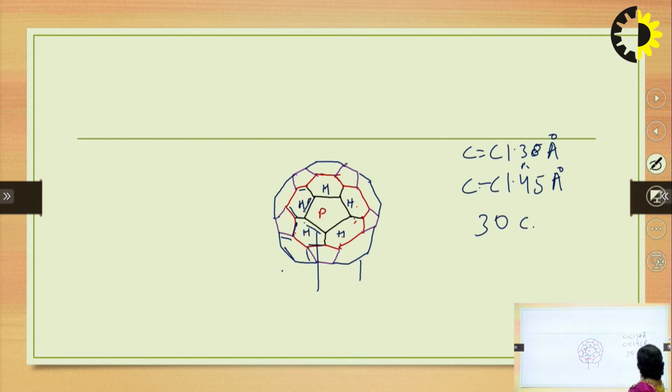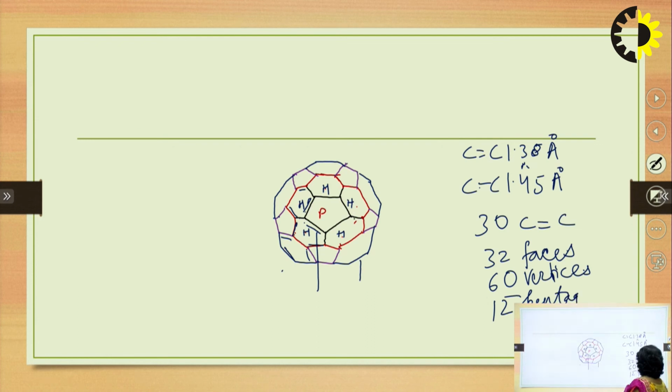Now, 30 carbon-carbon double bonds in total, 32 faces, 60 vertices, 12 pentagons, and 20 hexagons.